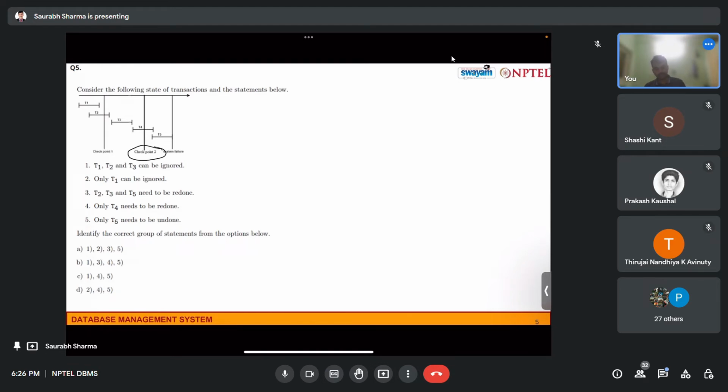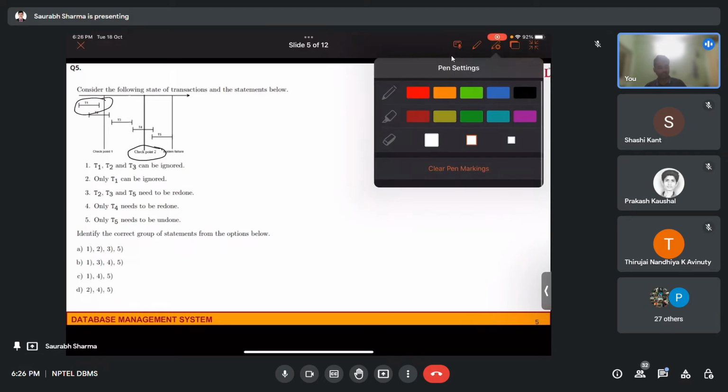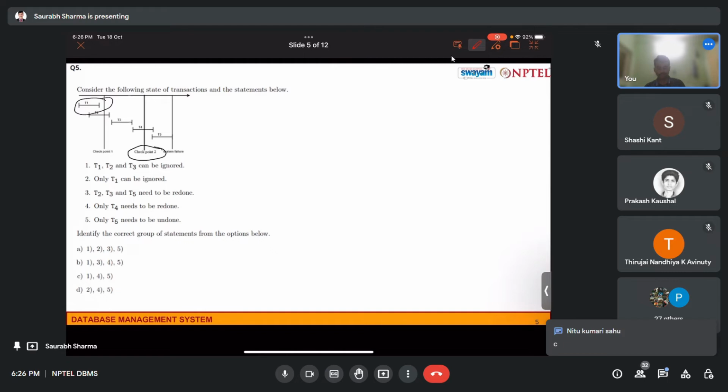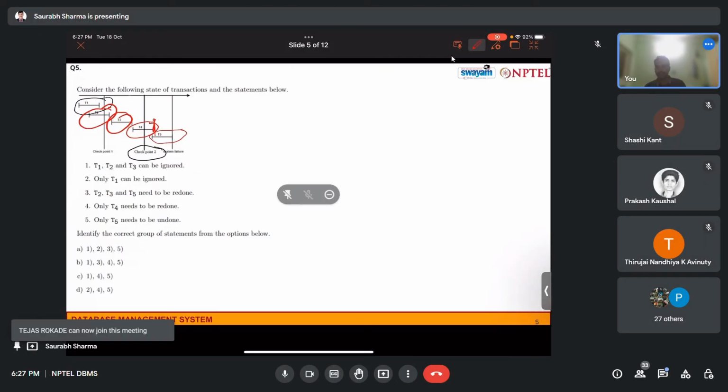T1 got completed before checkpoint 2. T2 got completed before checkpoint 2. T3 got completed before checkpoint 2. T4 was not completed at the checkpoint, but it committed before the failure, and T5 was in progress when the failure happened. So from the first statement, T1, T2, T3 can be ignored.